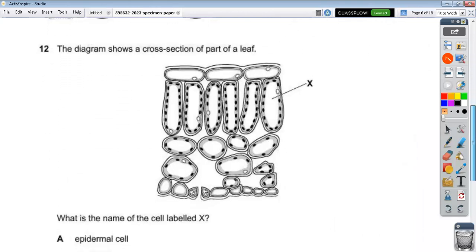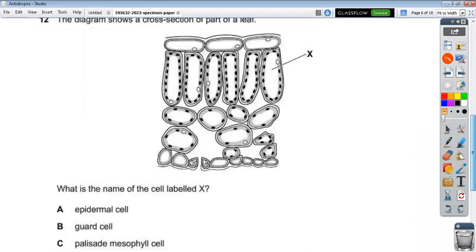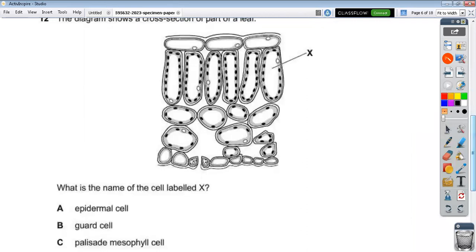The diagram shows the cross section of a leaf. What is the name of the labeled part X?